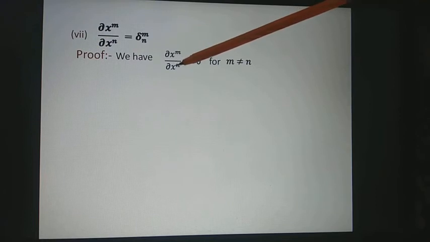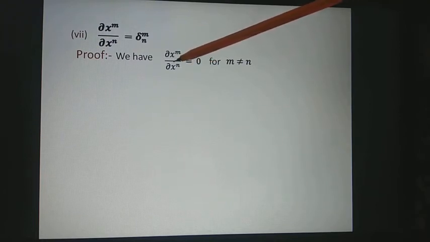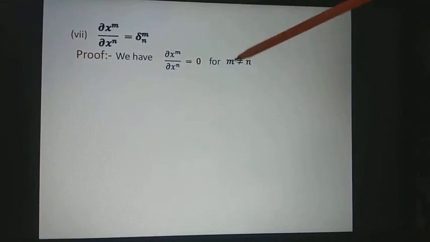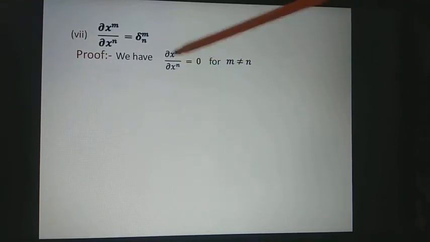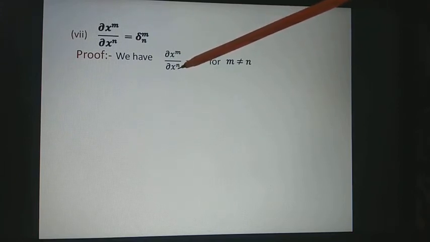Del xm by del xn is equal to delta mn. Now we will see the proof of this. We have del xm by del xn is equal to 0 for m is not equal to n. Here xm and xn are two different coordinates, but they are of the same coordinate system.